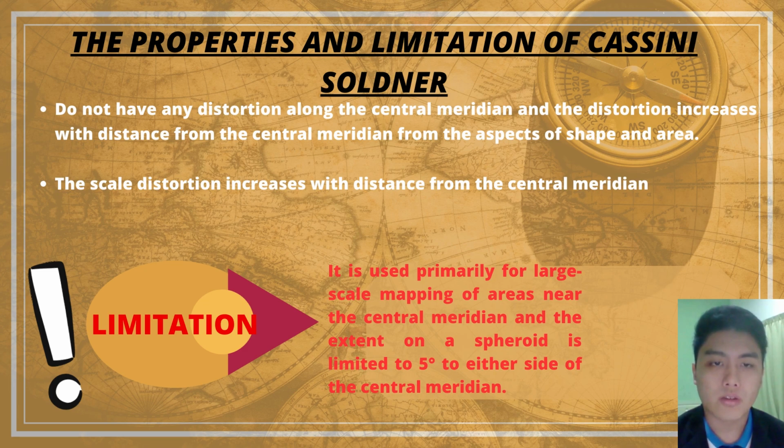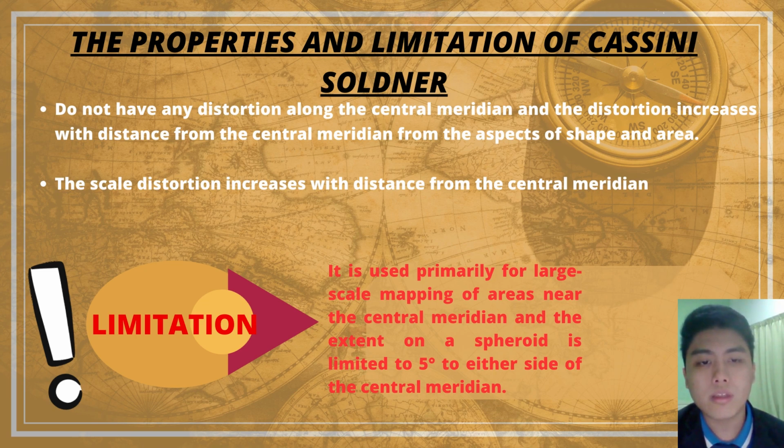Besides, the scale distortion increases with distance from the central meridian. However, scale is accurate along the central meridian and all lines perpendicular to the central meridian from the aspect of distance, while the direction on the map will be generally distorted from the aspect of direction.